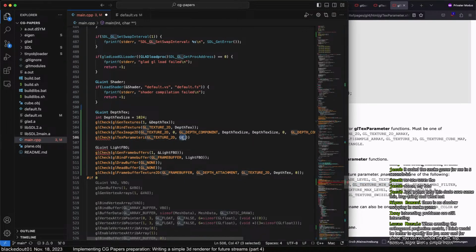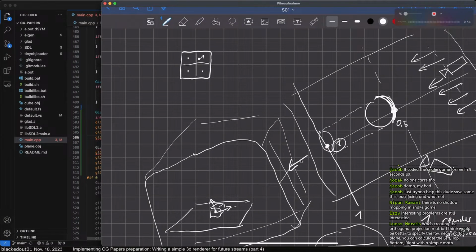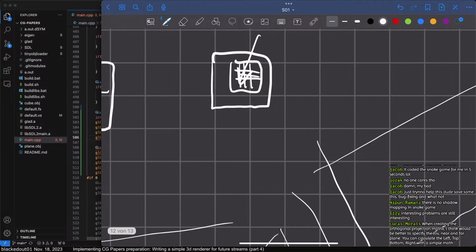So this is basically minification and magnification. So what happens when you have, like, this is your pixel and your texture, which is, for example, 4 by 4 or something, like this. What color should the pixel be if the texture is basically in the pixel? Because it's not really clear what color you should pick now.